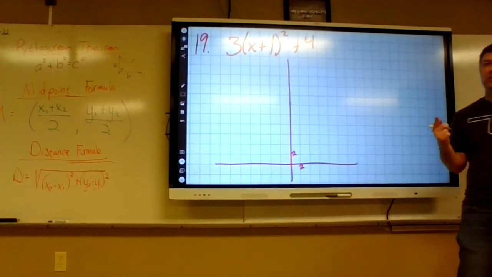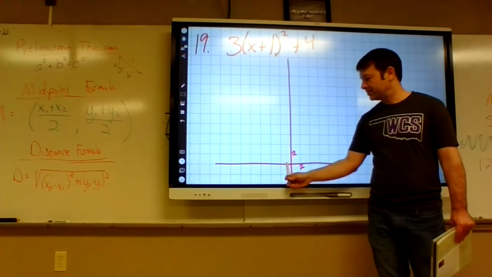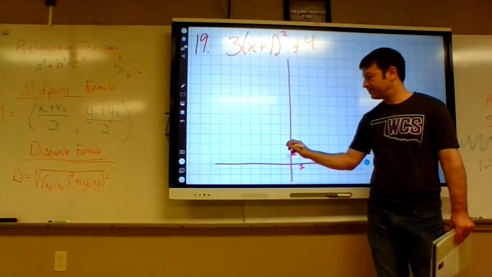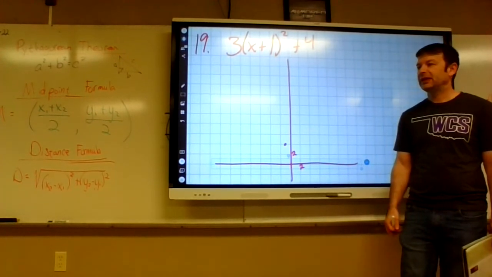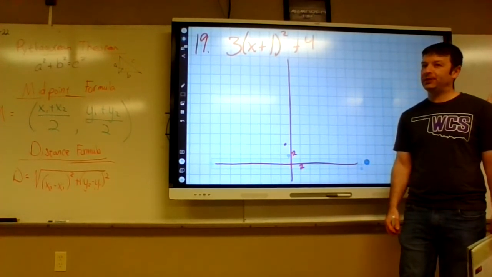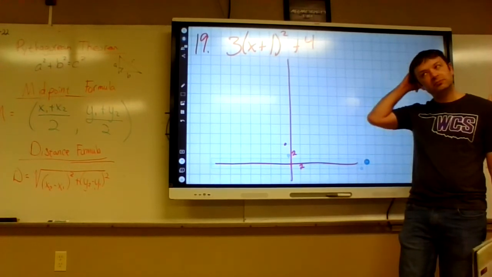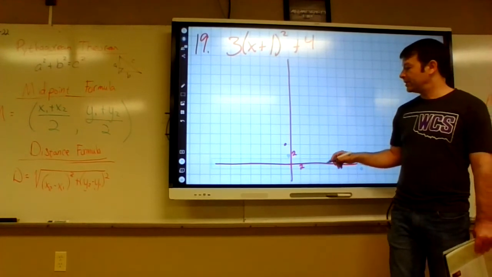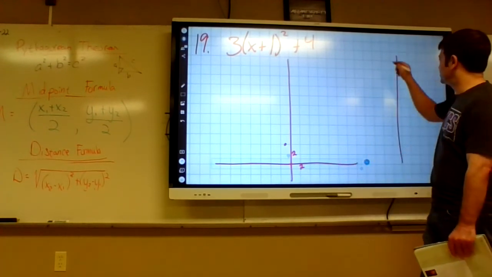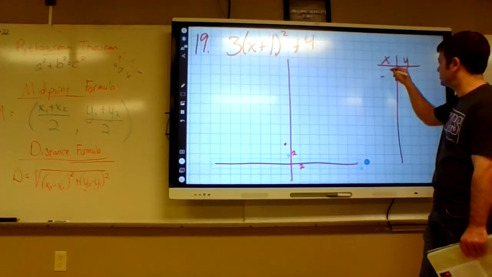So where would -1, 4 be? Middle, and then up. If you want to count by 1s, you can, but it's going to be really tall. -1, 4 is the vertex, but since we're counting by 2s, you only go half as far as you normally would.